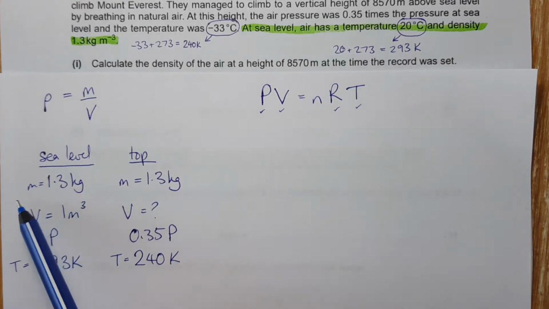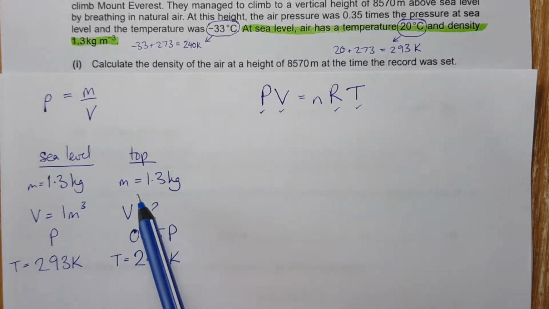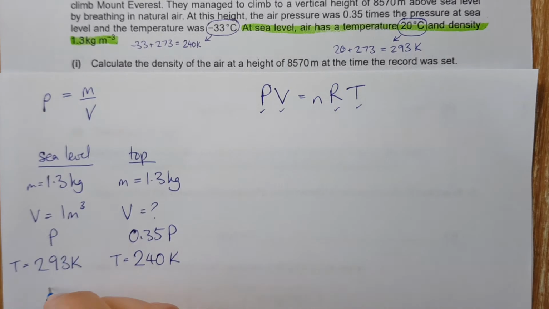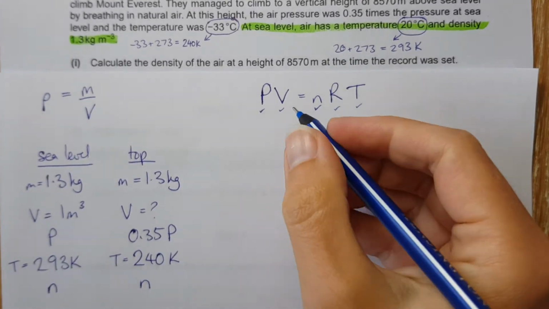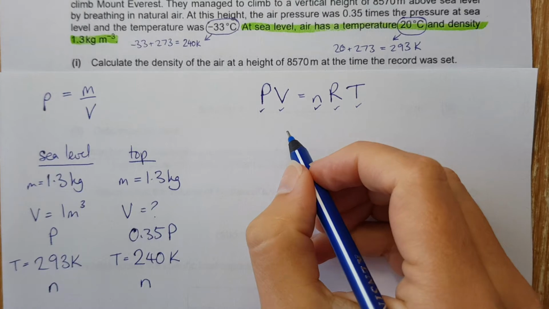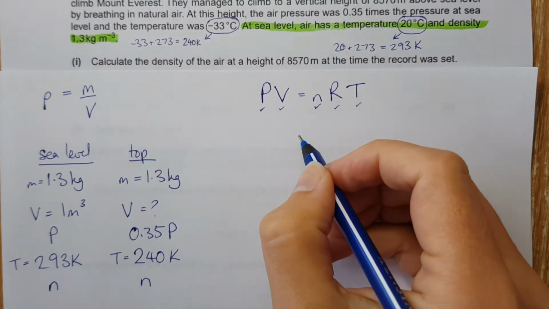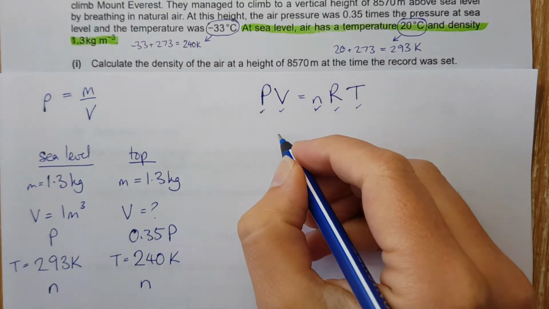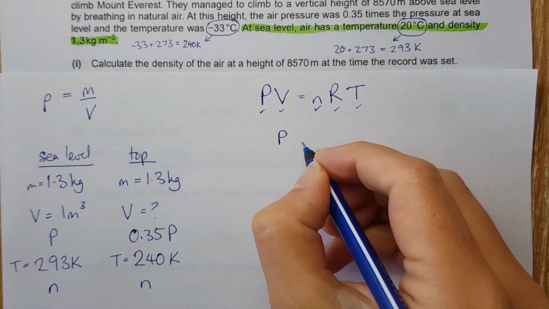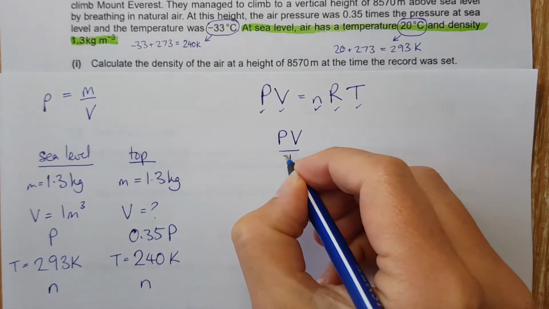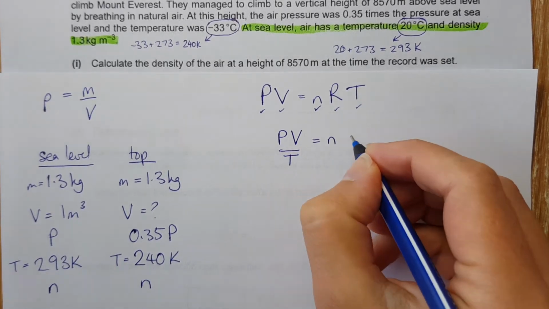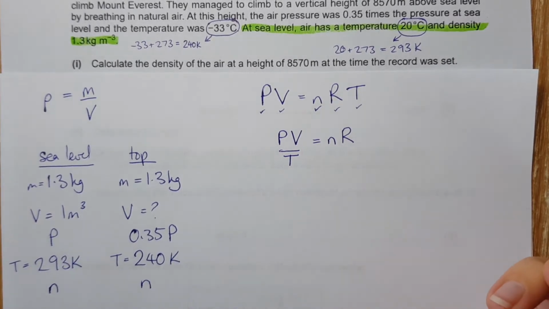Well, if we've got 1.3 kilograms at the bottom and 1.3 kilograms at the top, we've got the same number of moles. We don't know how many moles it is, but we know that it's the same top and bottom. Now it's up to you how you want to do this one. The way I normally do it is to get everything that's changing on one side and everything that's constant on the other. So here we've got P is changing from sea level to the top, so is V, so is T, but the number of moles isn't, and obviously the gas constant isn't.